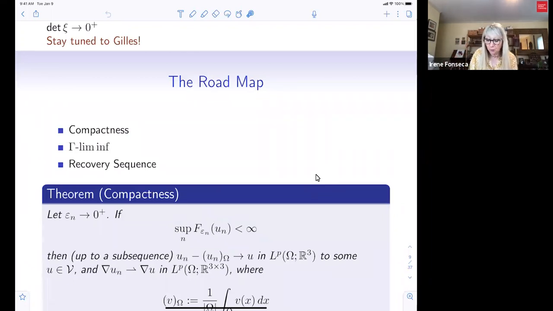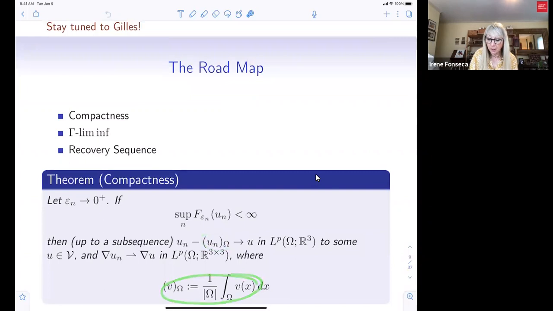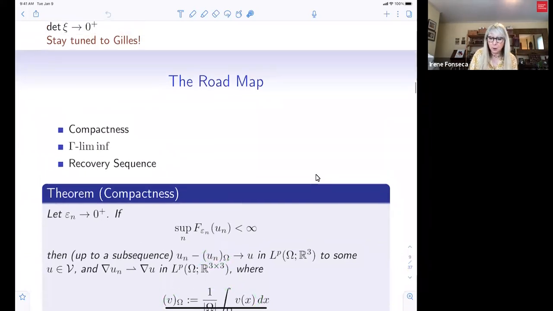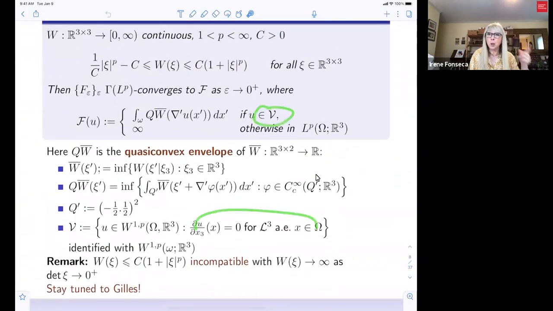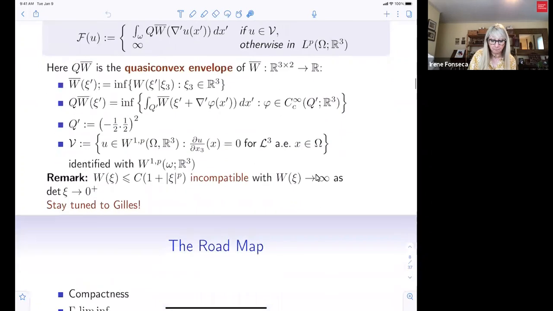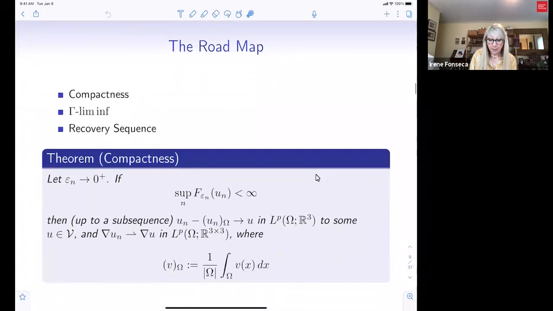So here you do the usual stuff. For example, you can subtract the average, right? This is just the average. You subtract the average and you prove it goes to some u, and then hopefully the u is going to live in the right limiting space, which is the one where you lost one variable. And you have convergence in some sense.